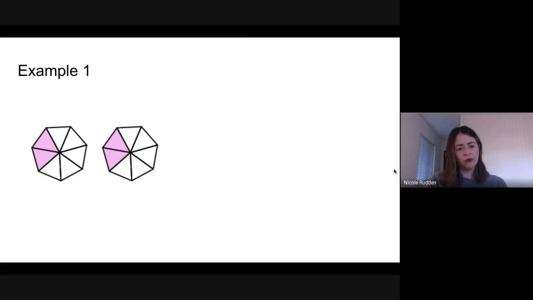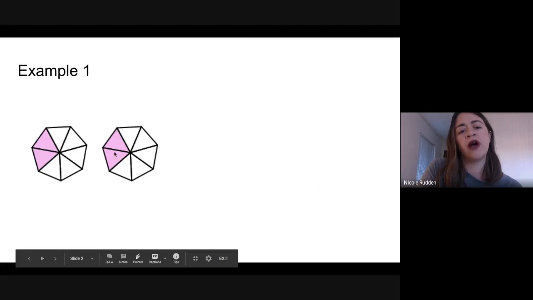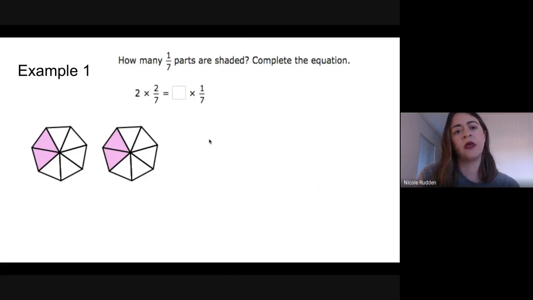Here's an example of something you're going to see in today's lesson. Here's a model, and this model shows 2 times 2/7. You're seeing 2 fraction models that represent 2/7. First, the lesson is going to ask you how many 1/7 parts are shaded. Complete the equation.